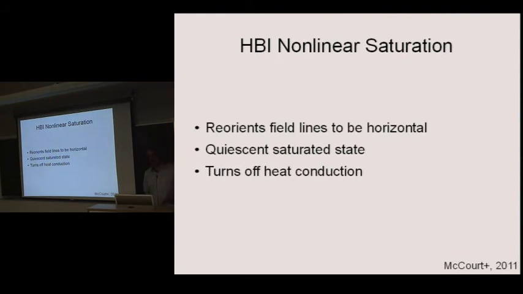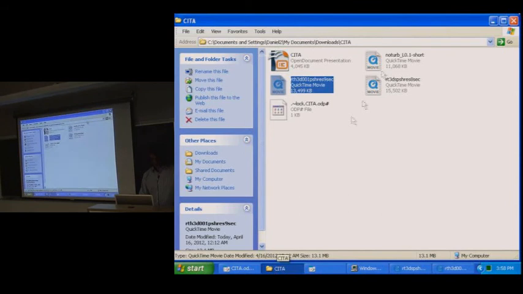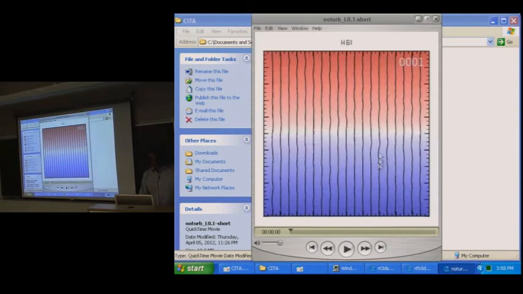So what does this actually do? Again, I'm going to test my luck and see if I can show a movie. This is a movie made by Mike McCourt, a student of Elliot's at Berkeley.